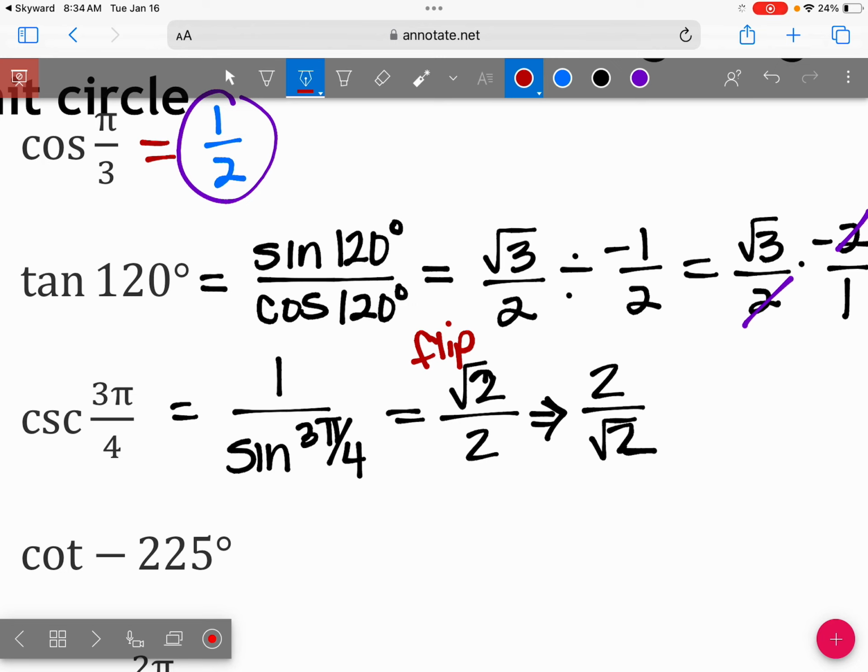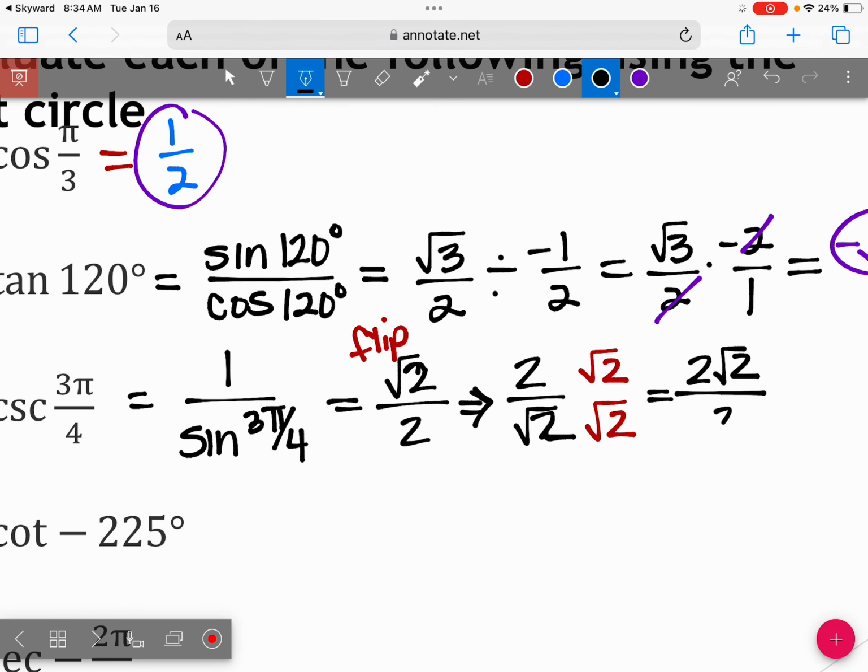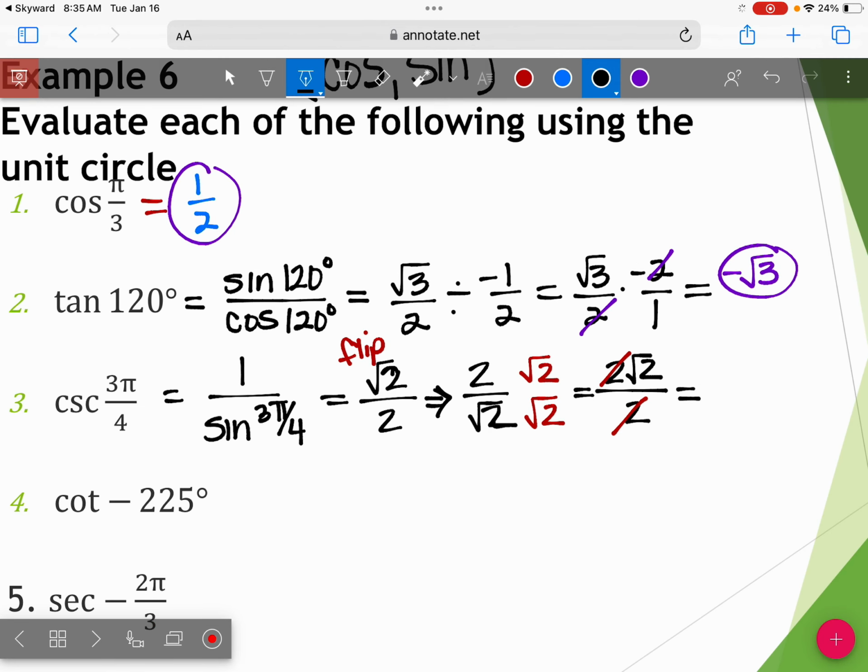So we're going to multiply this top and bottom by the square root of 2, which gives you 2√2 over the square root of 4, and the square root of 4 is 2. What's going to happen with those 2's? Not the 2 underneath the square root, but the 2 in the front and the 2 in the bottom. They're going to cancel because 2 divided by 2 is 1, and you're left with √2.